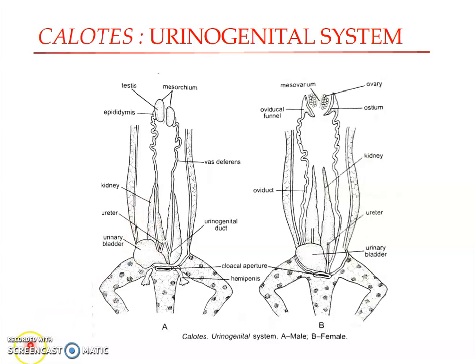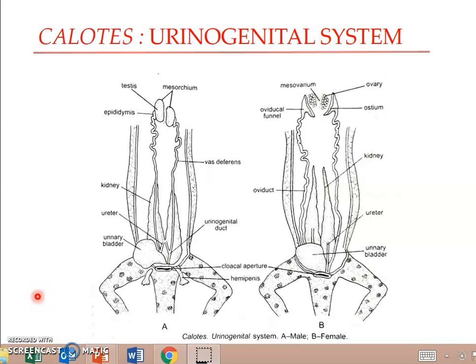Now, sexes are separate in Calotes but not easily distinguishable externally. Sexual dimorphism is not so clear. When we look into the male reproductive system of Calotes, we can see a pair of testes, which are two oval white bodies, and the right testis is slightly anteriorly placed.